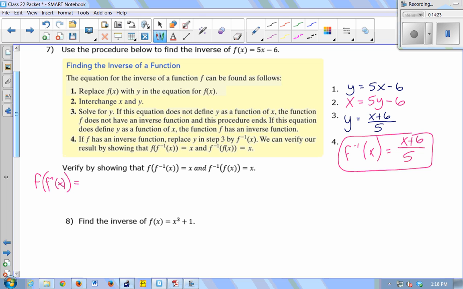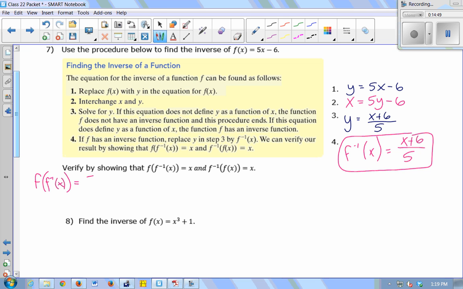All right, so f composed with f inverse of x. So f is a machine, right, where whatever you put in, it does 5 times it and subtracts 6. So when you drop in an x, it does 5x minus 6. If I dropped in a smiley face, it would do 5 times a smiley face minus 6. So I'm going to drop into my f machine an f inverse of x.